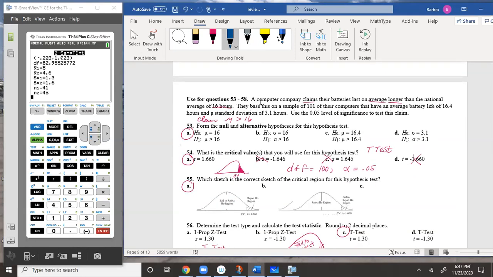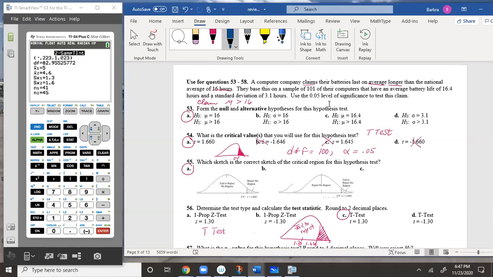In questions 53 through 58, a computer company claims their batteries last on average longer than the national average of 16 hours. They base this on a sample of 101 computers that have an average battery life of 16.4 hours and a standard deviation of 3.1 hours. Use the 0.05 level of significance to test the claim. Form the null and alternative.